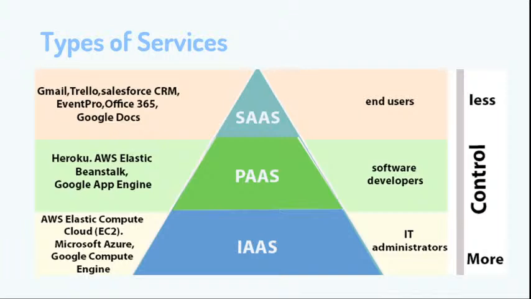Next, the overall combination. A better example of IaaS, PaaS, and SaaS is this: assume that you want to order some food using Zomato or Uber Eats.